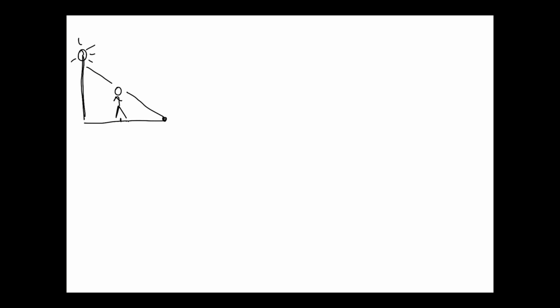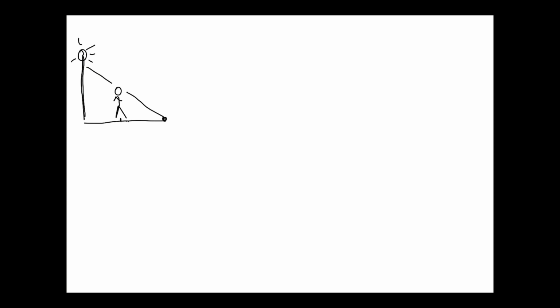If he walks away from the lamppost, what's going to happen to his shadow? It's going to get longer, right? And what we want to understand is how fast does the tip of the shadow actually go?